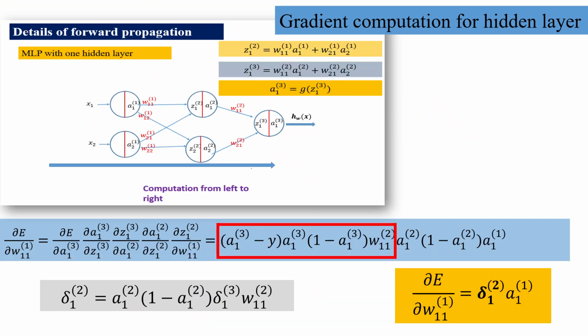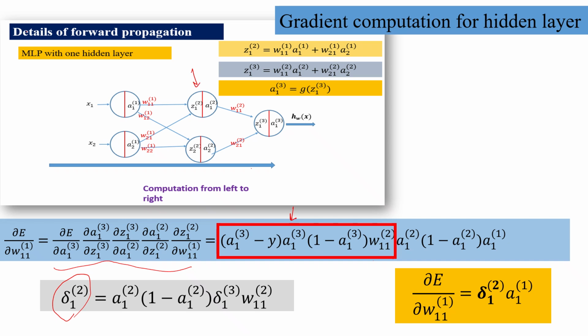Okay, so we now again look at this gradient computation for the hidden layer. So these are the five partial derivatives, and we have written the components here. Look at this red rectangle. It constitutes delta 13 multiplied by W112. Other than this, we have A12 into 1 minus A12, into A11. Now we would want to write delta 12, error at node 1 layer 2.